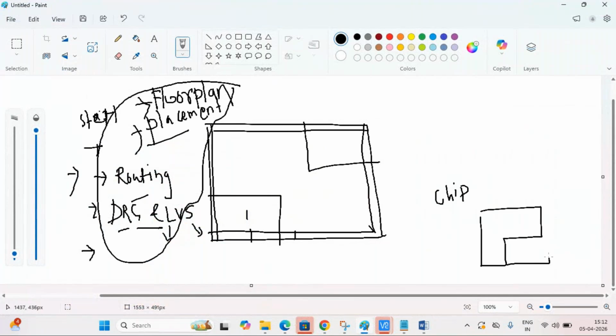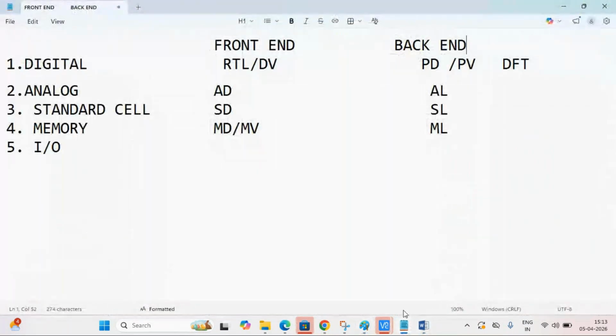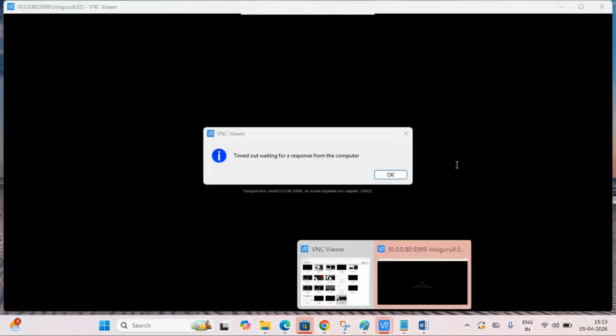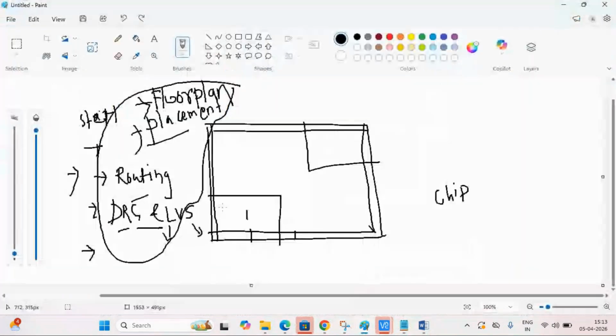It depends upon the project requirement, wherever PD people or layout people will do some area. But finally, the chip you will see by your work. Front end people will not see where their block is placed. What you place, you can see. So that is the beauty of this layout domain or PD also.